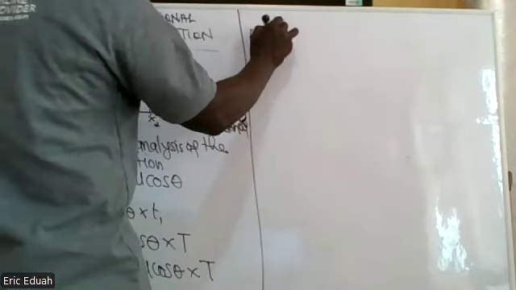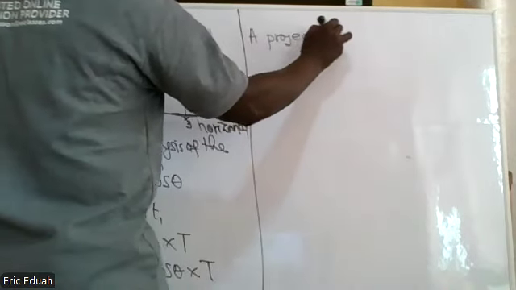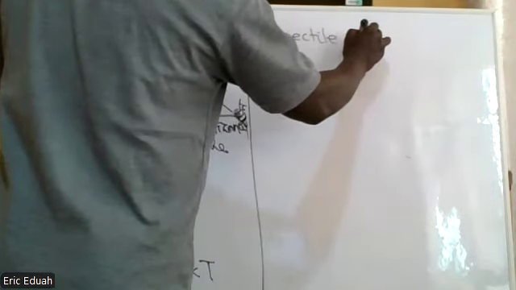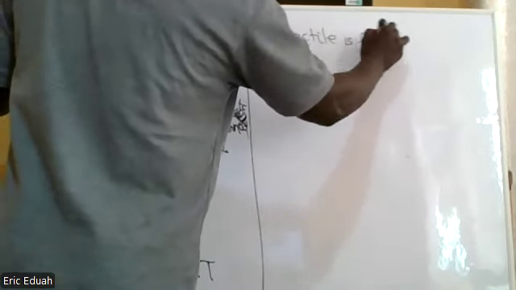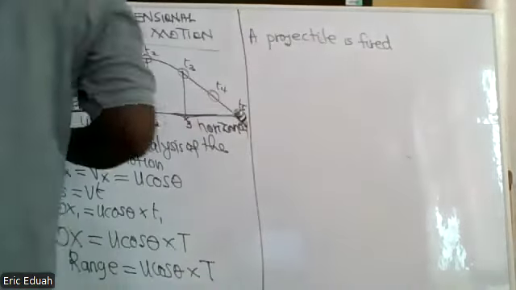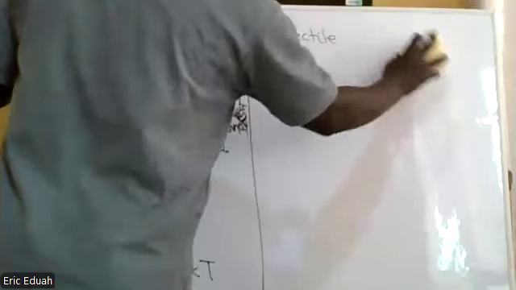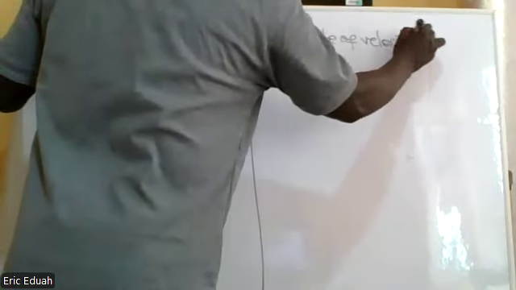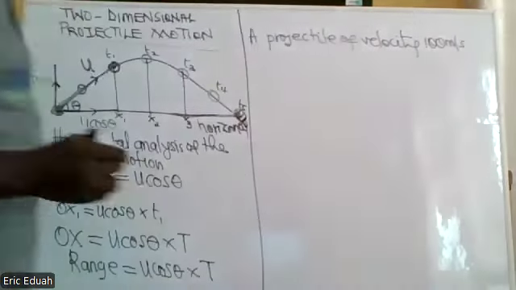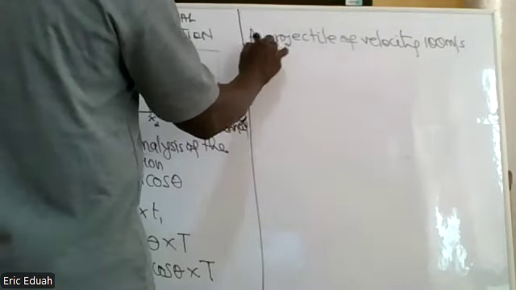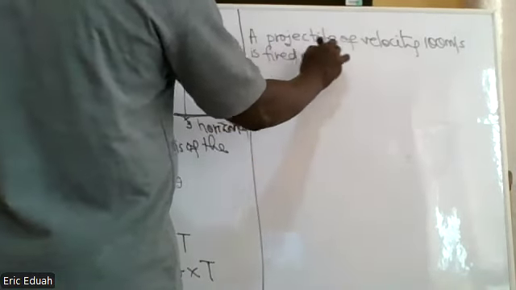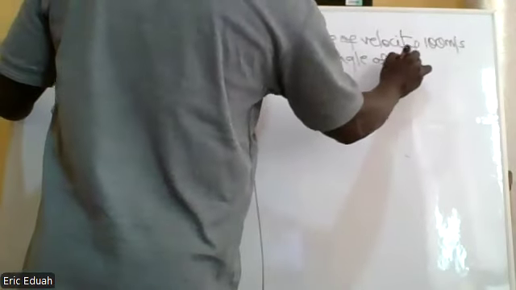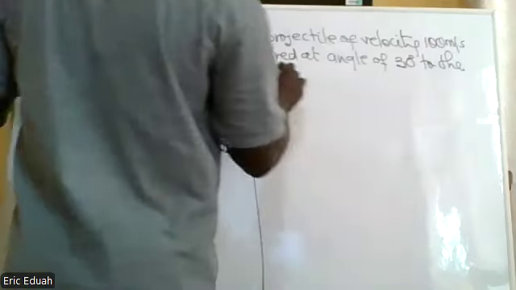A projectile of velocity 100 meters per second is fired at an angle of 30 degrees to the horizontal.